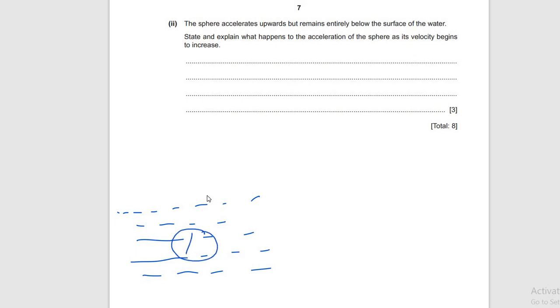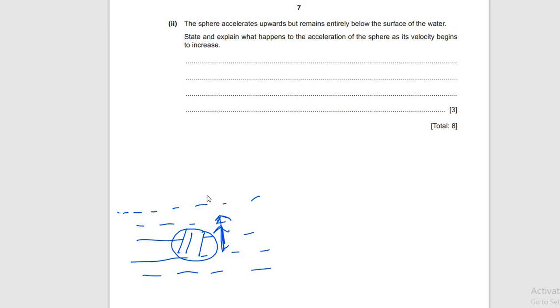The fact that the sphere is accelerating upward means it will never escape or exceed the surface of the water. This is the acceleration, accelerating upward, which means that there is a drag force dragging the sphere backward.